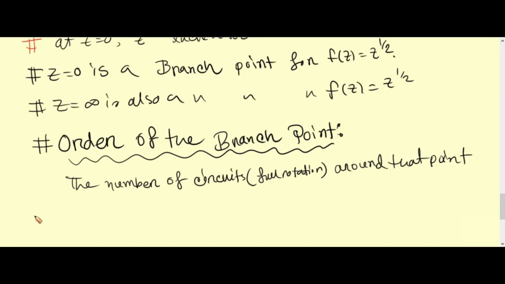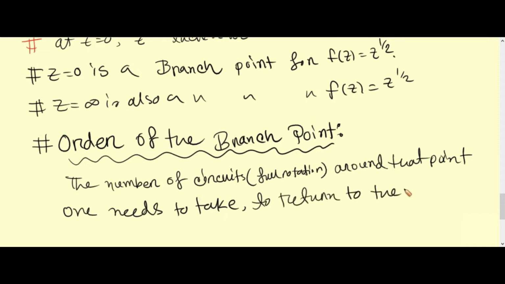Around that point one needs to take, or instead of before, let's just write, to return to the original value.